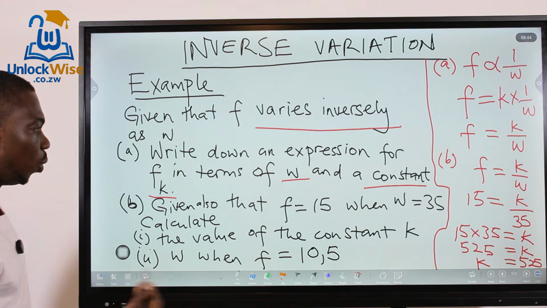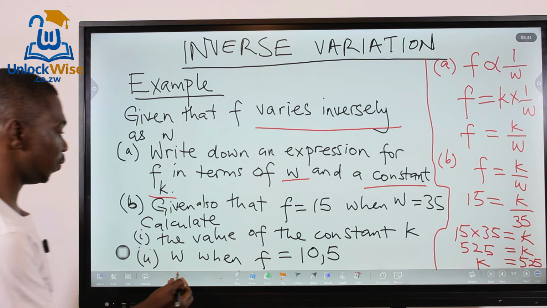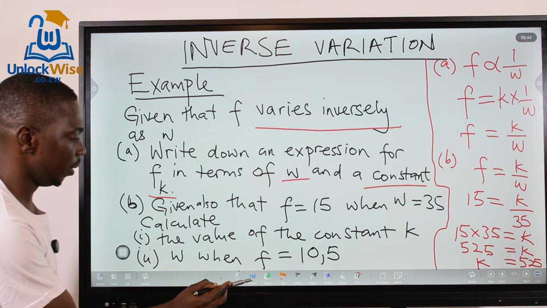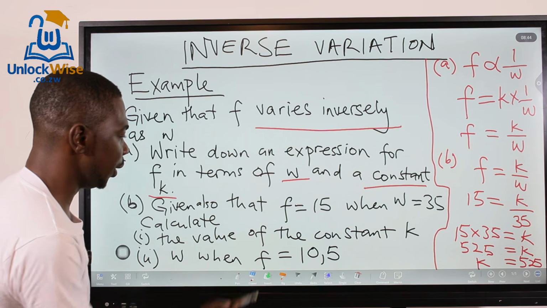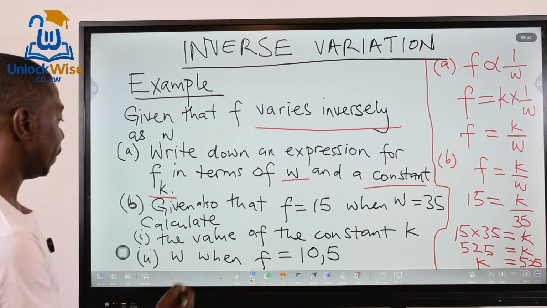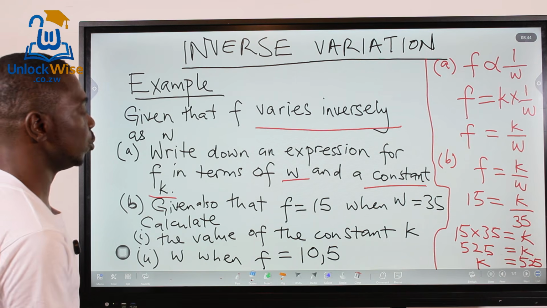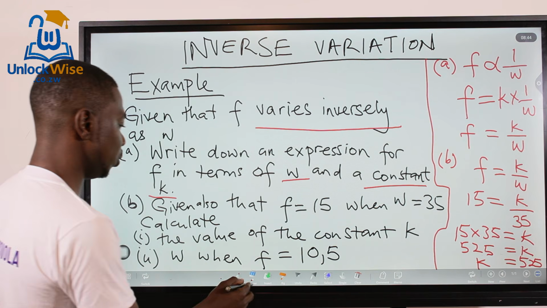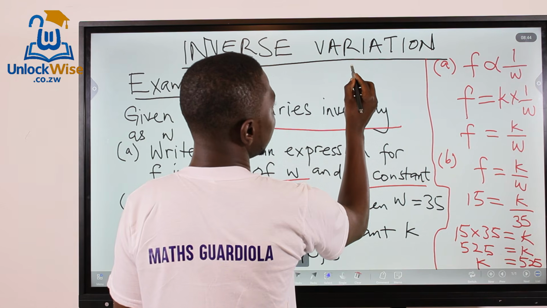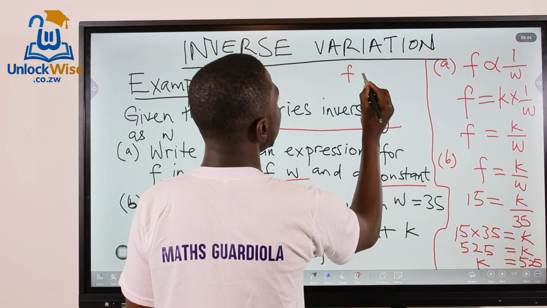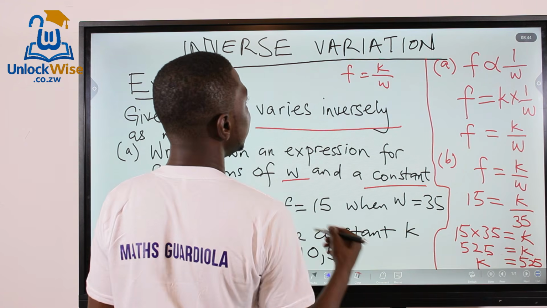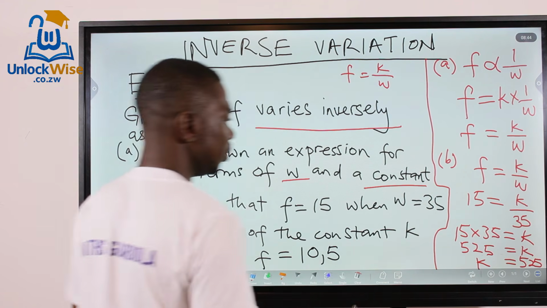Then we also have to calculate the value of w when f is equal to 10.5. So let me write my formula: f equals k over w, and my k is 525.